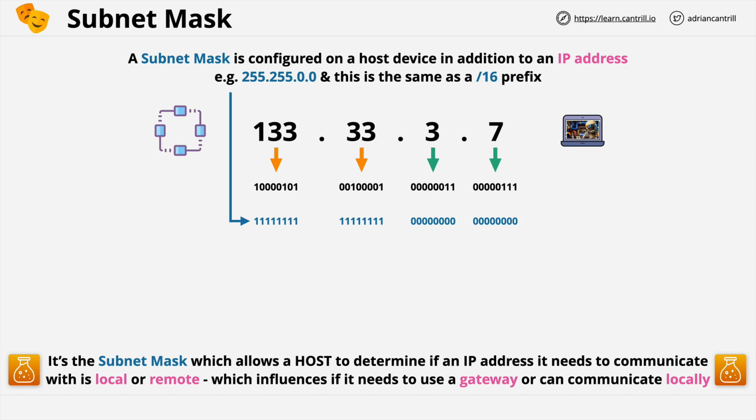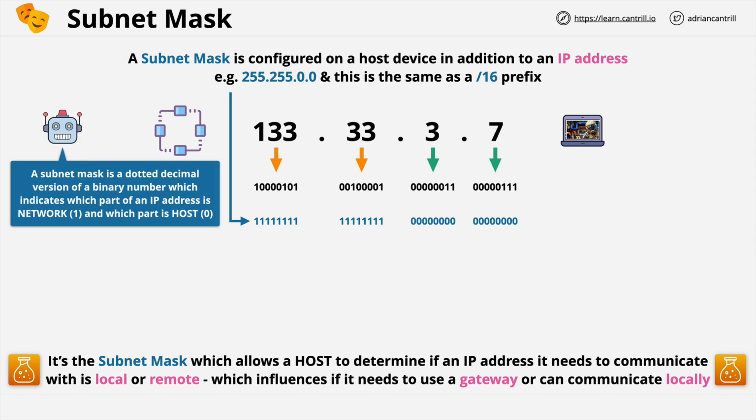It's the number of ones in the subnet mask starting from the left. So /16 simply means 16 ones, which is the same as 255.255.0.0 when you convert that into binary. Now, when you have the subnet mask in binary, anything with a 1 represents the network, anything with a 0 represents the host component.